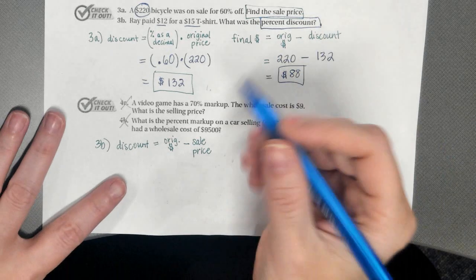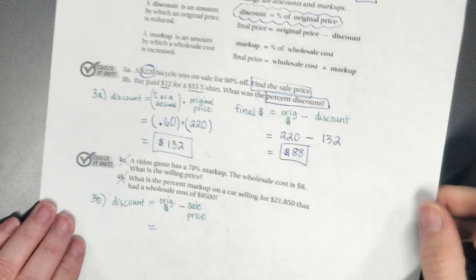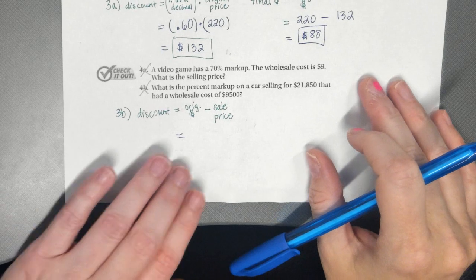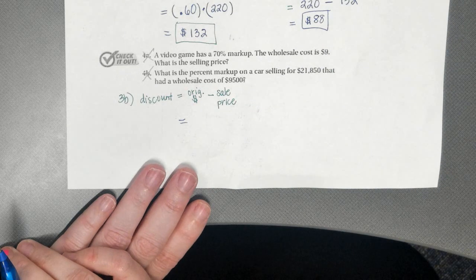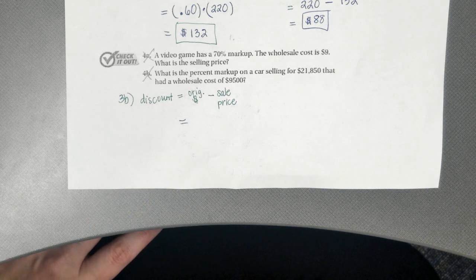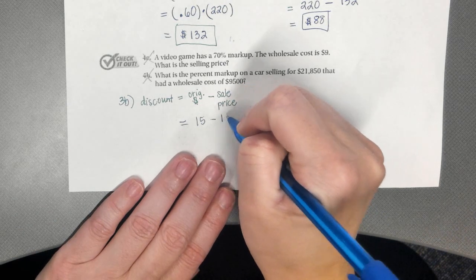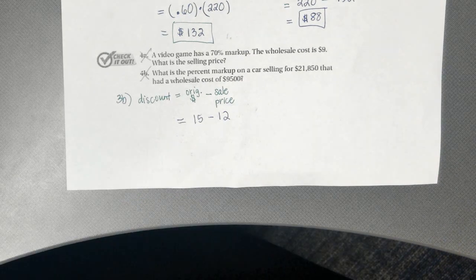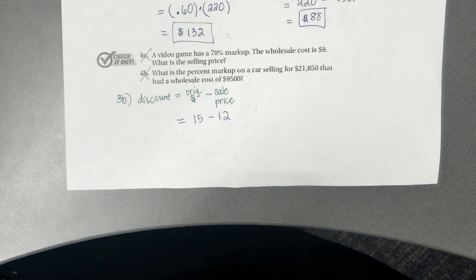Ryan, what did you plug in for the original price? Yeah, the original was 15. And here's a hint, because maybe some other people were confused too: the original price should always be more than the sale price.